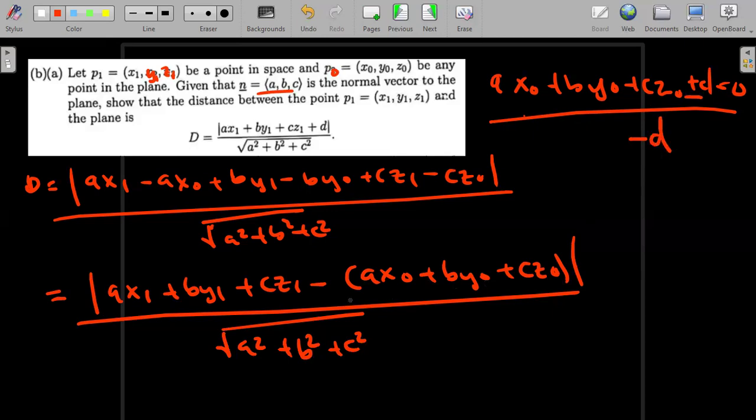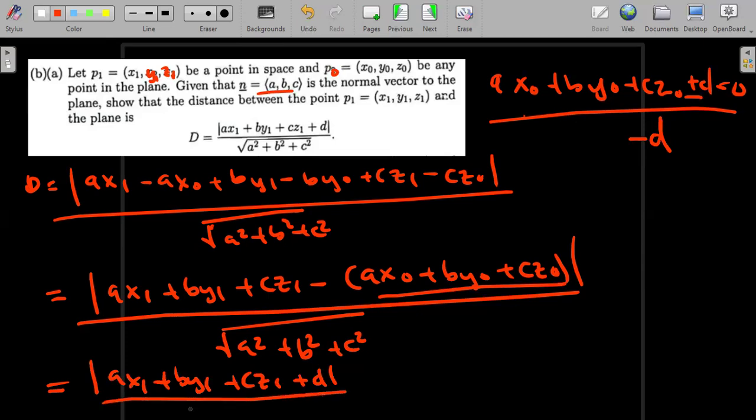Meaning this part here is just equal to negative d. I can replace that, and it will multiply by this other negative, which makes it positive.